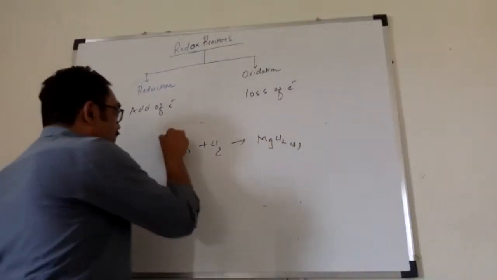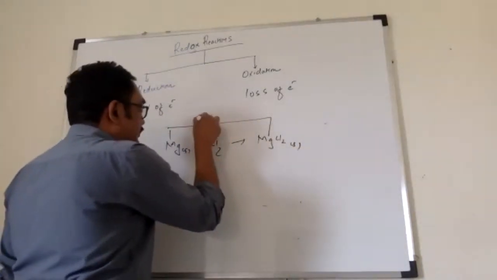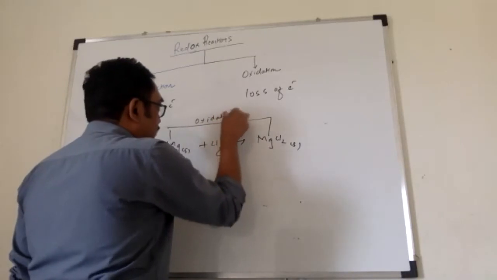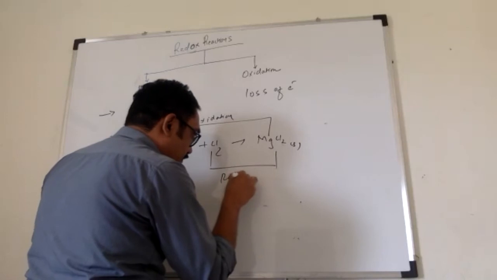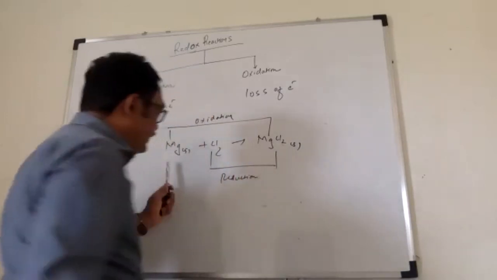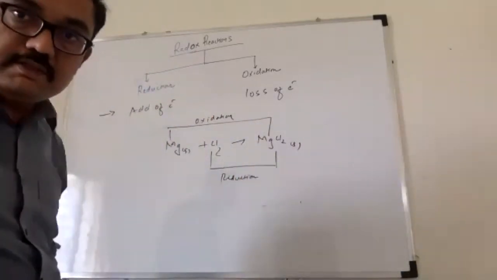And this is the oxidation half, this is the reduction half. The Mg has oxidized, the chlorine has reduced in this equation.